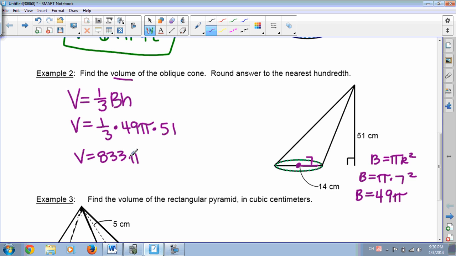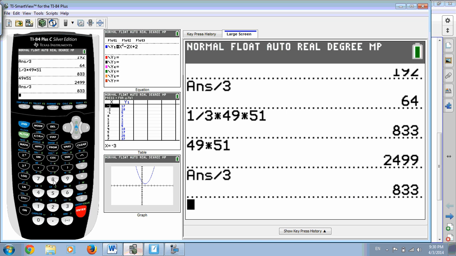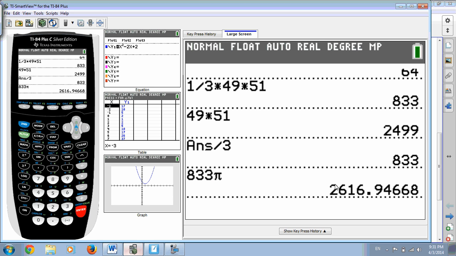So our volume is 833 pi. But I do notice that it says to round your answer to the nearest hundredth. So this is where you are going to put your pi into the calculator so that we can round. So we need to know what is 833 pi. And we get 2,616.9466. And it said round to the nearest hundredth, which is 2 decimal places.